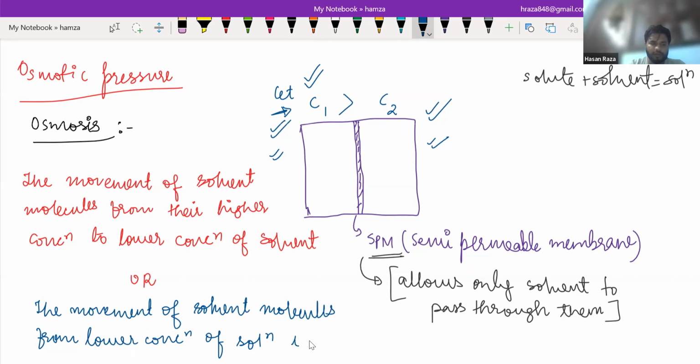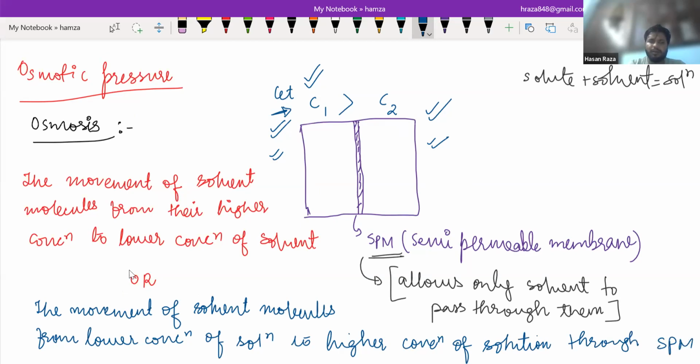Lower concentration of solution to higher concentration of solution through semi-permeable membrane, through SPM. This is called SPM, that means semi-permeable membrane.